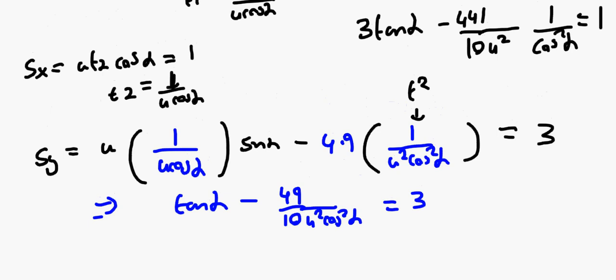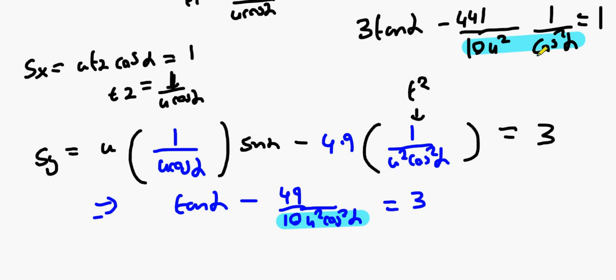I was thinking if we isolate 10 u squared cos squared alpha in both of them, we can just put them equal to each other, and I think it will work out quite nicely. Here's what I'm suggesting we do. In both of them, I'm looking to isolate this part here and this part here.